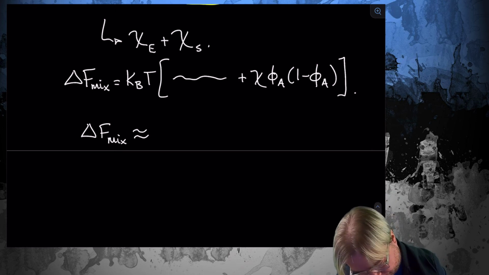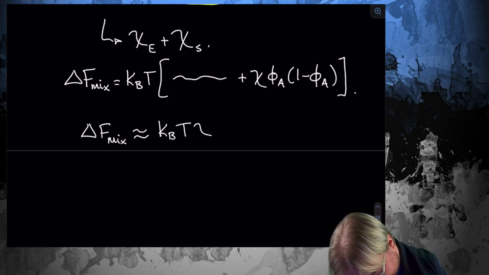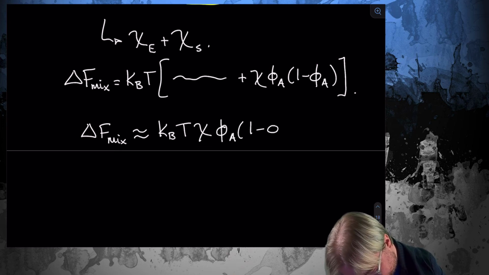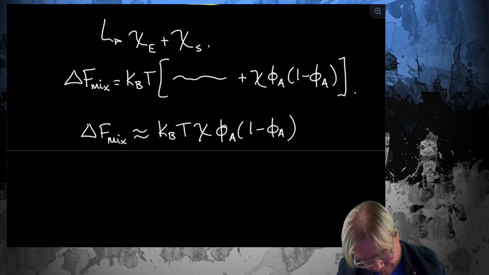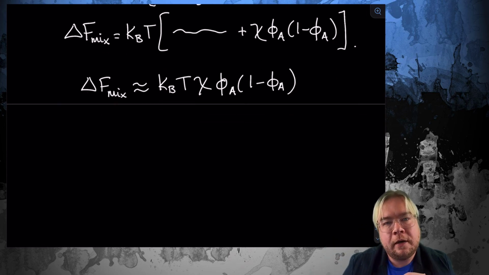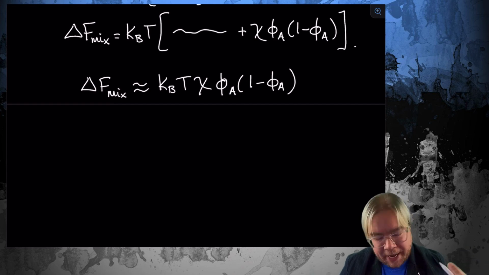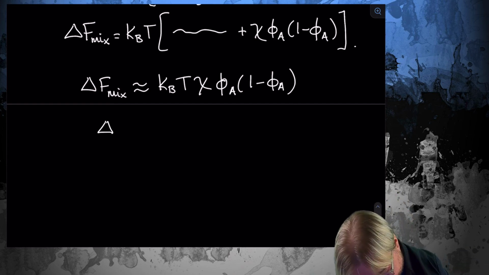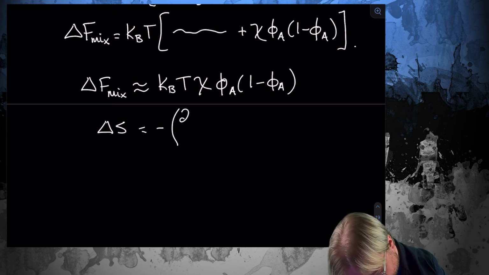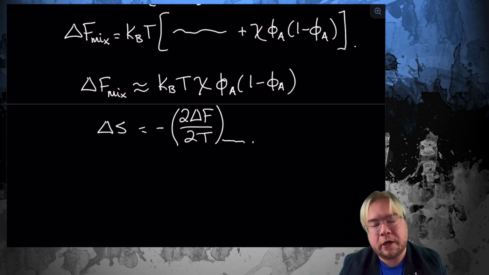So if this is approximately equal to kBT chi phi A times 1 minus phi A, how would we figure out which term is entropic? Well, we could go back to our Maxwell relations, and we know that delta S would be equal to minus the derivative of delta F with respect to temperature, holding everything but temperature constant.